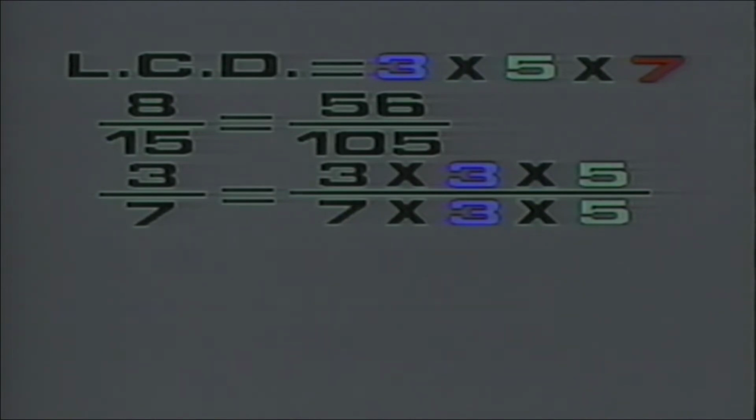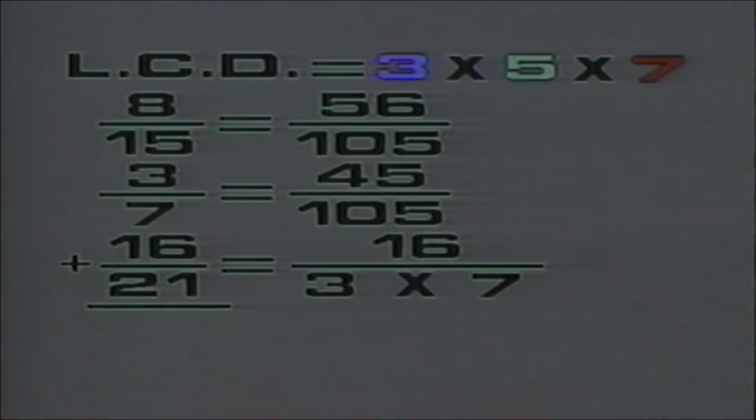Let me try 3/7. The original denominator is missing the factors of 3 and 5 from the LCD. So, I'll multiply the numerator and denominator by 3 times 5. The numerator becomes 3 times 3 times 5, which equals 45.